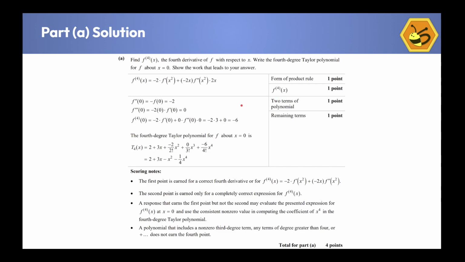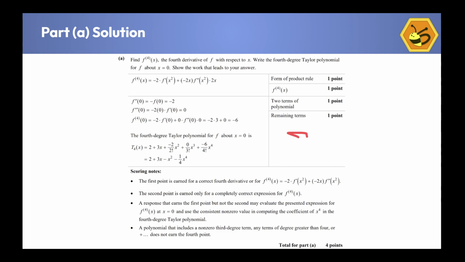Then for the last 2 points, we have 1 point for the first two terms of the polynomial, 1 point for the remaining terms. If we get two terms correct, you'll get 1 point, and if we get the remaining terms correct, you'll also get 1 point. This is a standard Taylor polynomial question. I hope you all still remember the general term of a Taylor polynomial. This is actually a Maclaurin series because the center is at x equals 0.